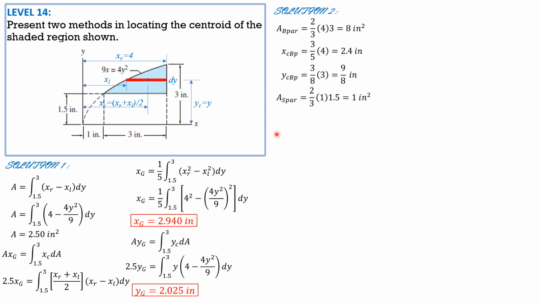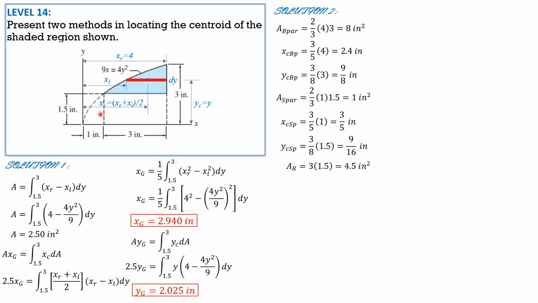Then x sub c of small parabola is 3/5 of 1 inch, so 3/5. Then y sub c is 3/8 of 1.5, because this is the small parabola and these are the dimensions for the small parabola. So 9/16 inch. For the rectangle, the area is 3 times 1.5 and it is 4.5 square inches.